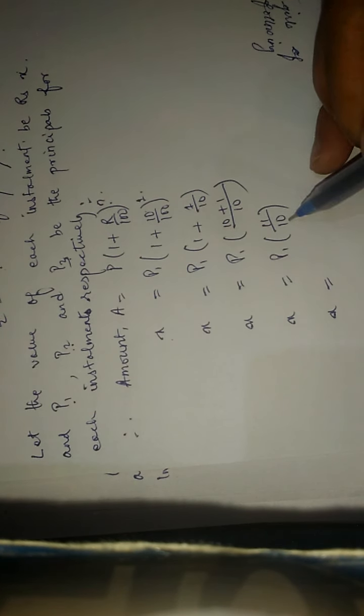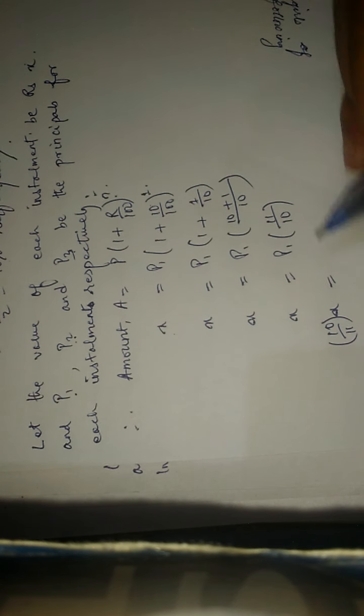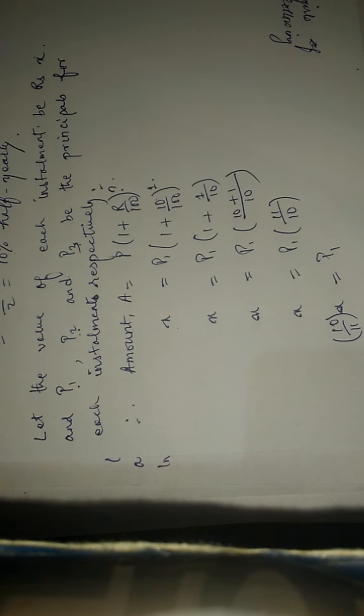Here 10 will go up, then 11 will be at the denominator. So P1 is equal to 10 by 11 x.